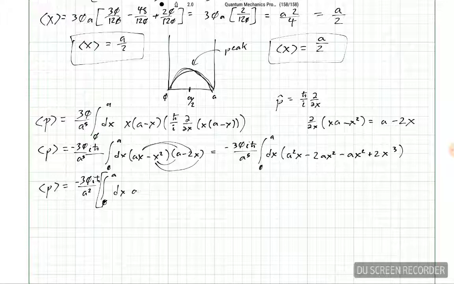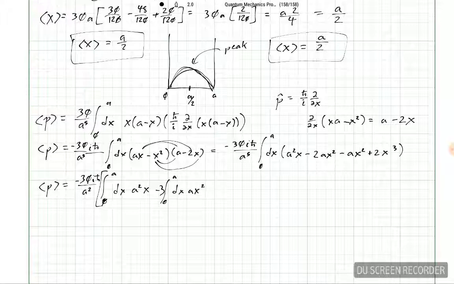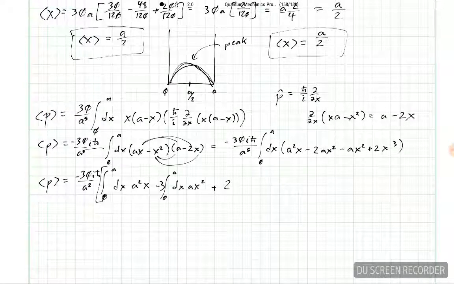So my first one, I get a squared x. My next integral, I have negative 3ax squared plus 2, and this is just going to be x cubed.